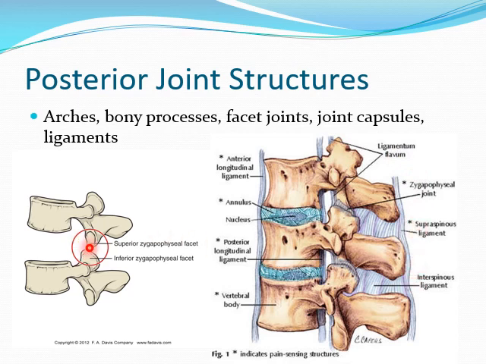Here you can see where the facet joints come together. This picture could be a little confusing compared to what we call these anatomically, because they're showing the superior zygapophyseal facet, which is the same as just saying the facet joint, and the inferior zygapophyseal facet joint. It's just referring to the joint as it comes together.